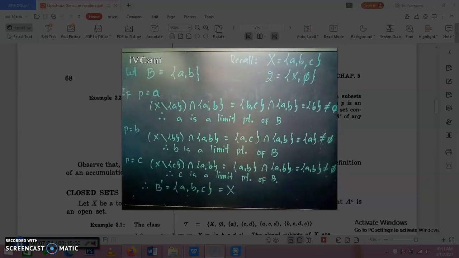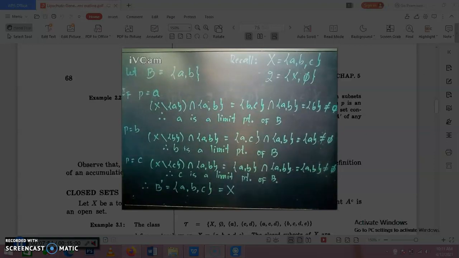To determine the accumulation points or limit points of the given set, we will test all the elements of X. Let's start with the first element, P equals A. With this condition, an open set containing A is X only, so we only test this one.